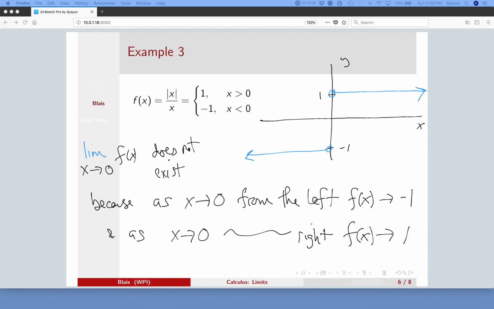And we would need these limits to be the same. You'd have to be honing in on the same value, whether you're coming from left or from right. This is a classical case of a function that has a limit that does not exist. If you picked any other value, like x equals 3, your limit would be 1. So for any other x value that you put here, you would have a limit that exists for this function. The problem is at 0, at x equals 0.